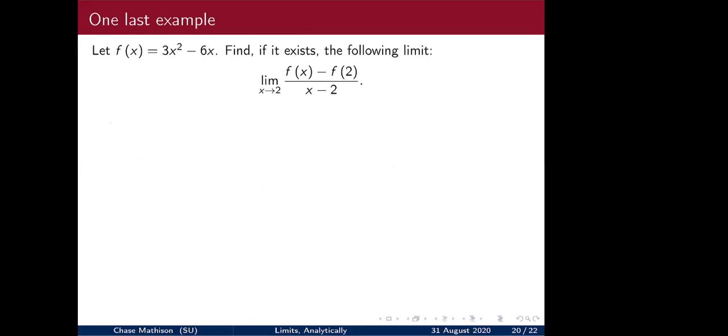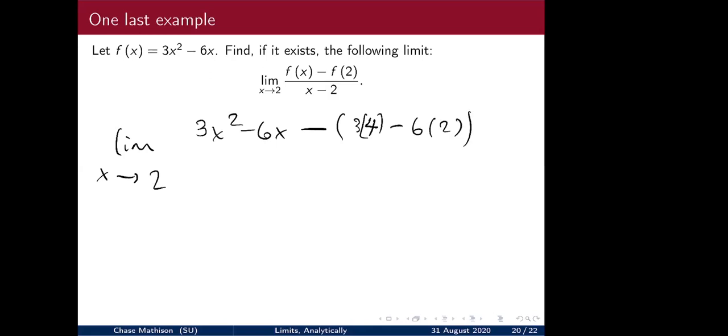Okay, so I'm going to plug in f of x and f of 2. So the limit as x approaches 2 of f of x, well, that's just 3x squared minus 6x, minus f of 2. What is f of 2? Well, I'm going to get 3 times 4 minus 6 times 2.